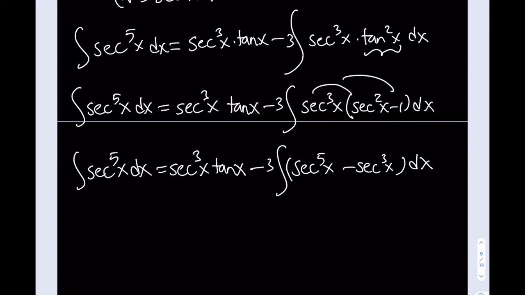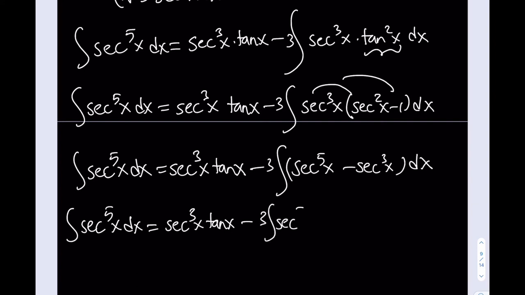Then I'm going to go ahead and distribute the 3 and separate this into 2 integrals. Let's go ahead and see what happens. Secant cubed x tangent x minus 3 times the integral of secant to the fifth power x dx plus, notice the plus sign, 3 times the integral of secant cubed x dx.